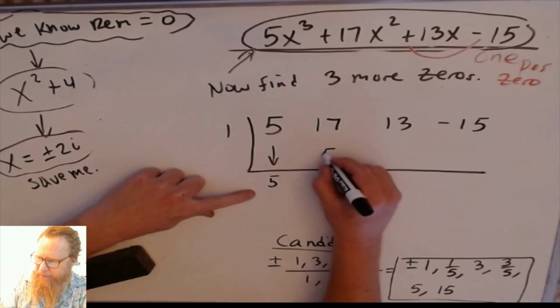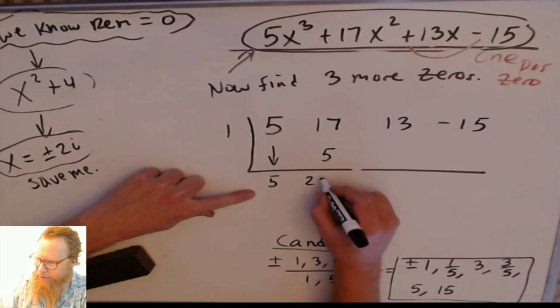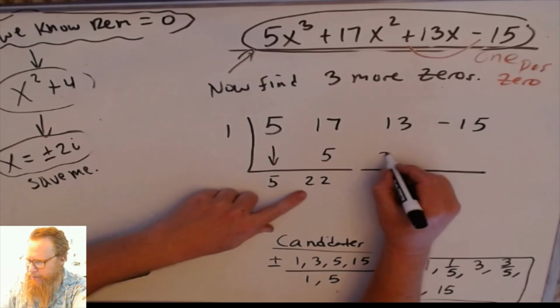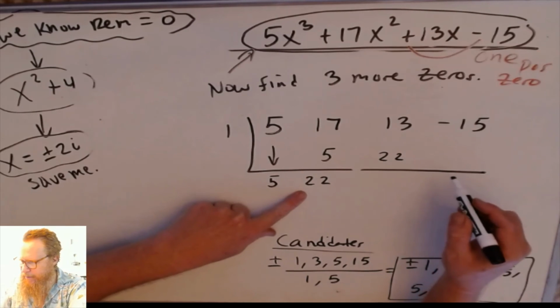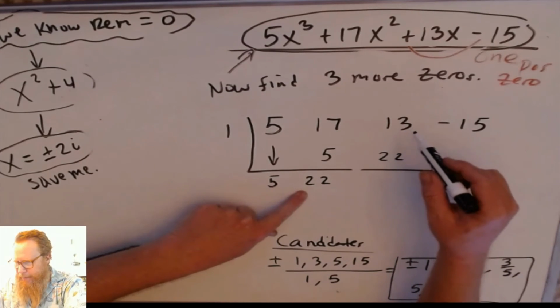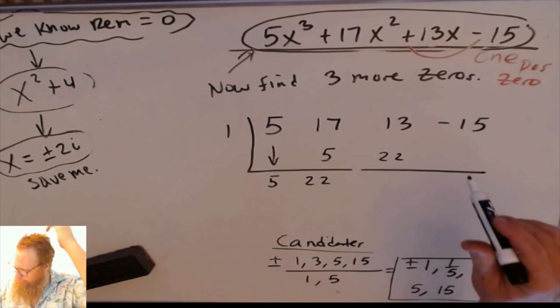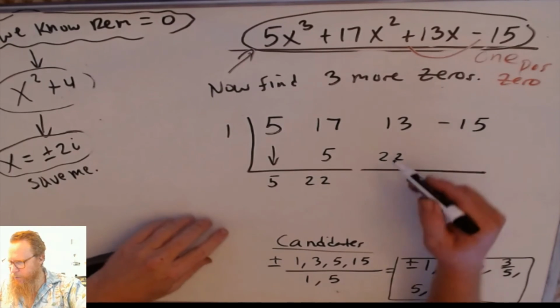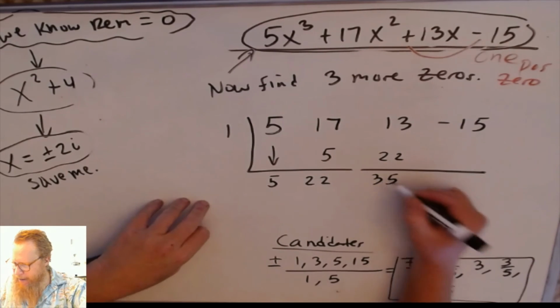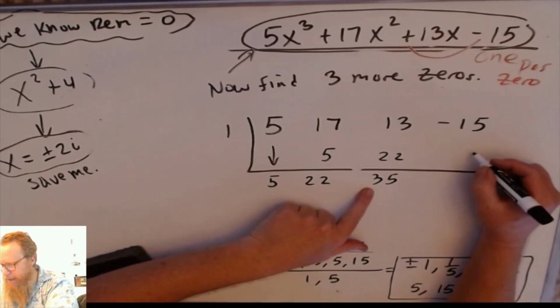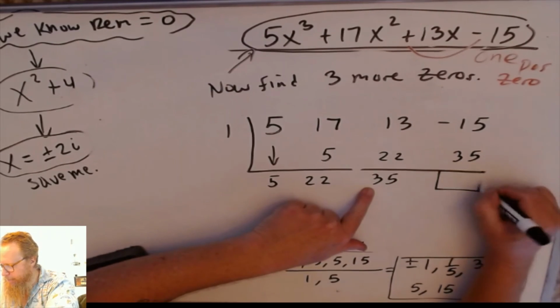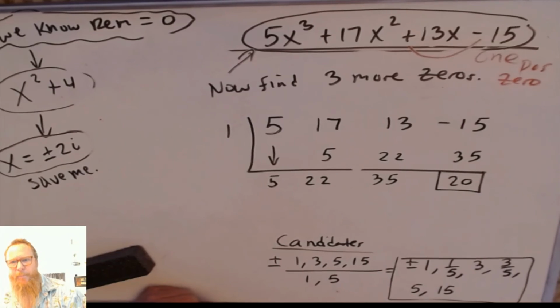1 times 5 is 5. That's 22. That's also 22. 13 and 22 is 35. 1 times 35 is 35. Remainder 20.